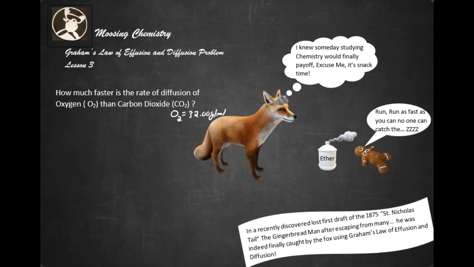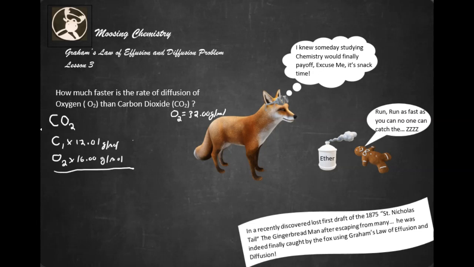All right, here we go. So now let's look at carbon dioxide, CO2. Carbon on the periodic table is 12.01 grams per mole. Now, oxygen is, again, 16 grams per mole, and let's go ahead and do the math.